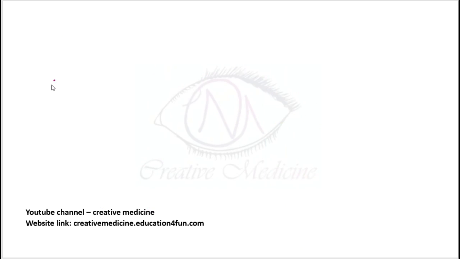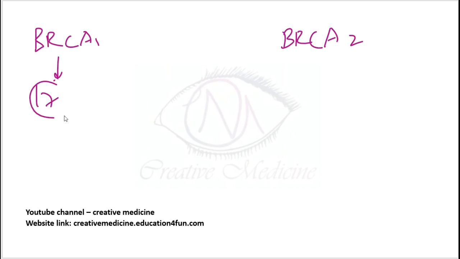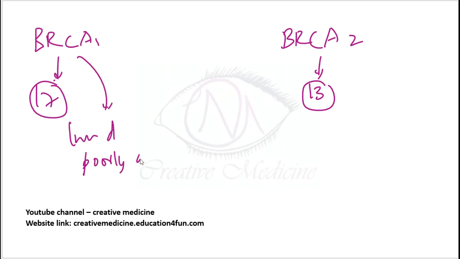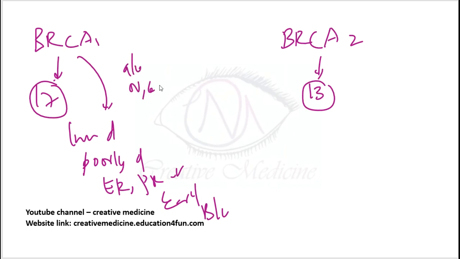Okay, next let's see the differences between BRCA1 and BRCA2. BRCA1 is seen on chromosome 17, BRCA2 is seen on chromosome 13. BRCA1 associated cancers are invasive ductal cancers. It is poorly differentiated, ER/PR negative, with early age of onset, bilateral, associated with ovarian, colon, and also prostate cancers.